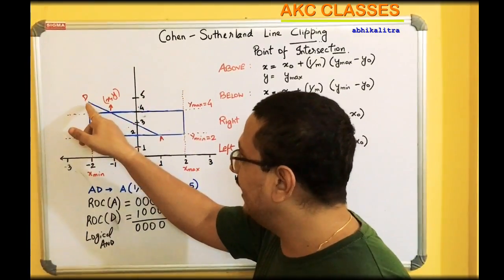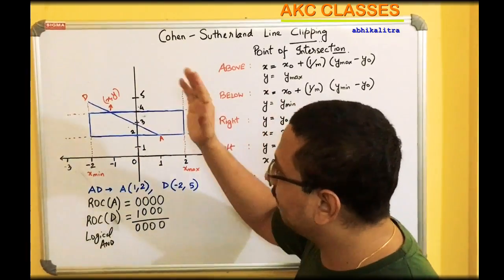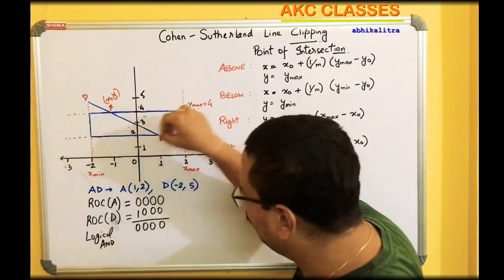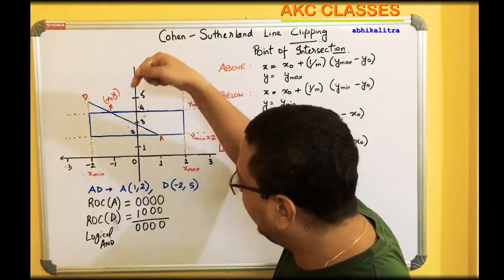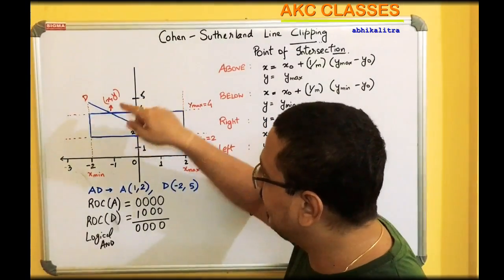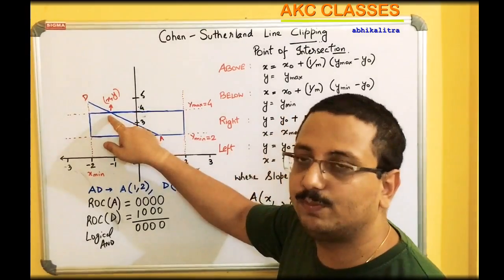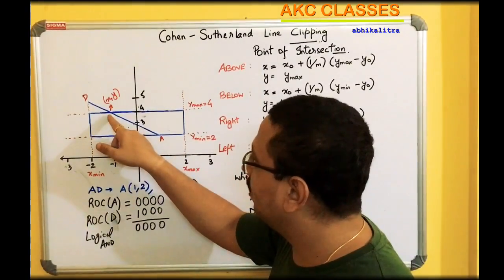Now we have to find the equation of the line. When we find the equation of the line, being supplied the D coordinate location and the slope, if we put the value of x comma y into this equation, we can easily find the point of intersection at this particular point. Now the next question could be: what is the value of x comma y?